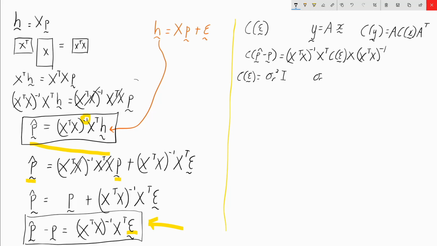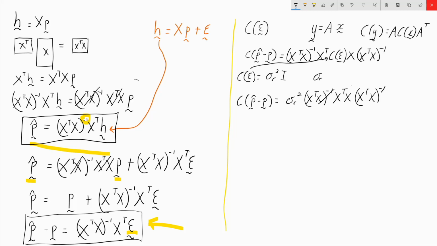Now let me substitute that into this equation so that I have C of p hat minus p equals σr² (XᵀX)⁻¹ XᵀX (XᵀX) inverse.